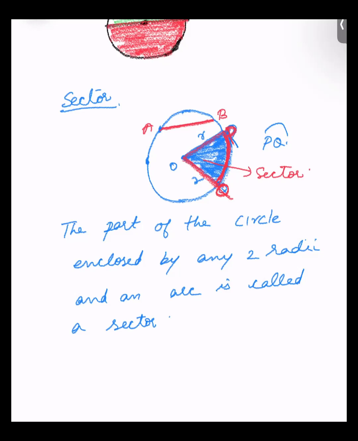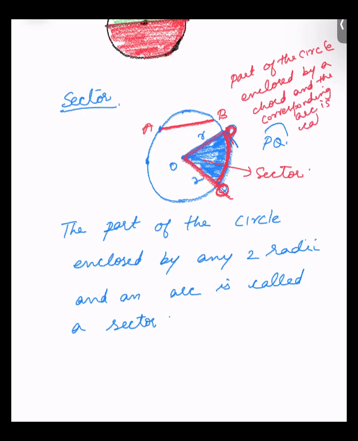The part of the circle enclosed by a chord and the corresponding arc is called a segment.